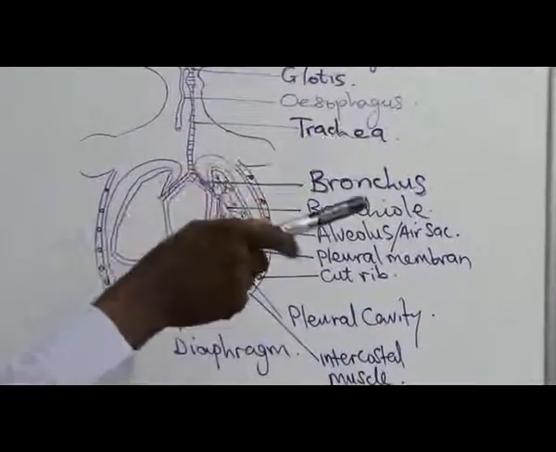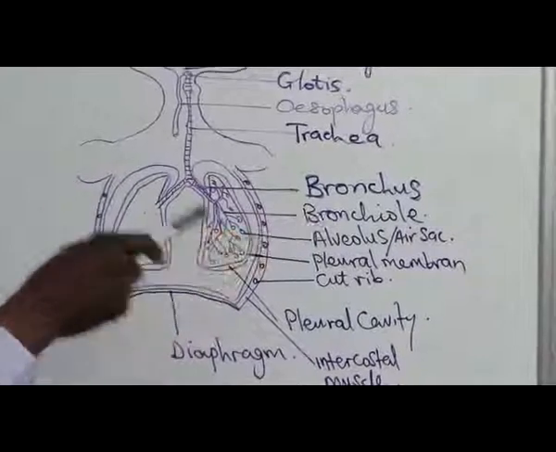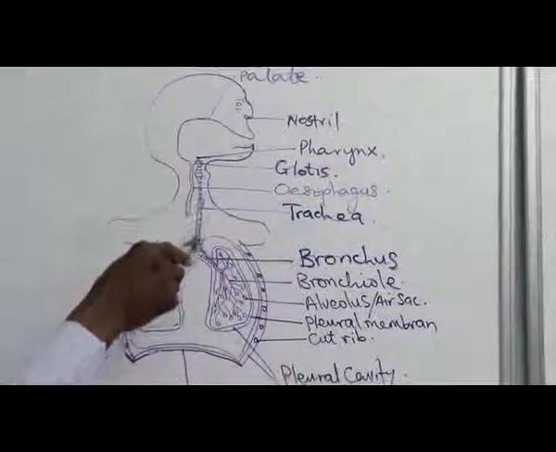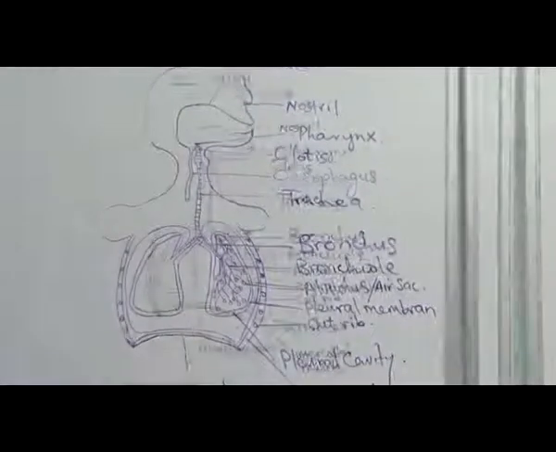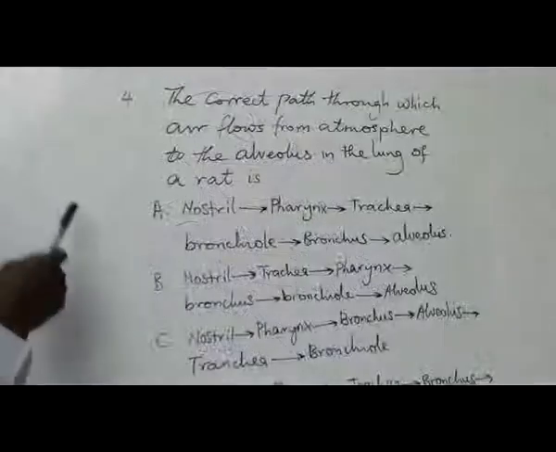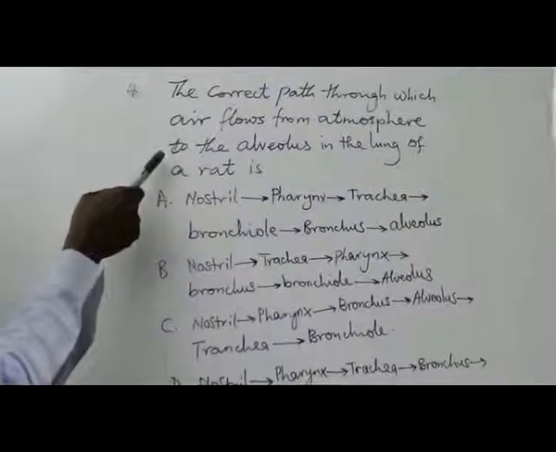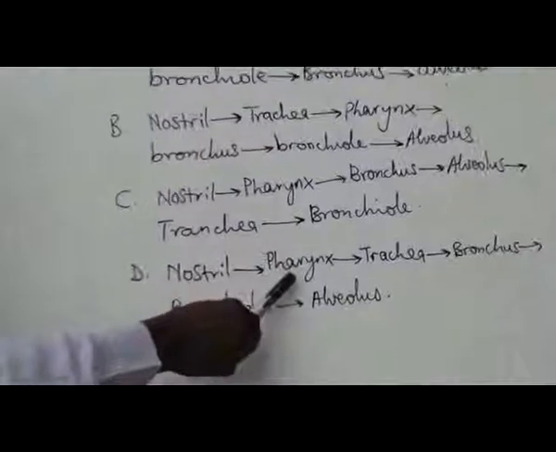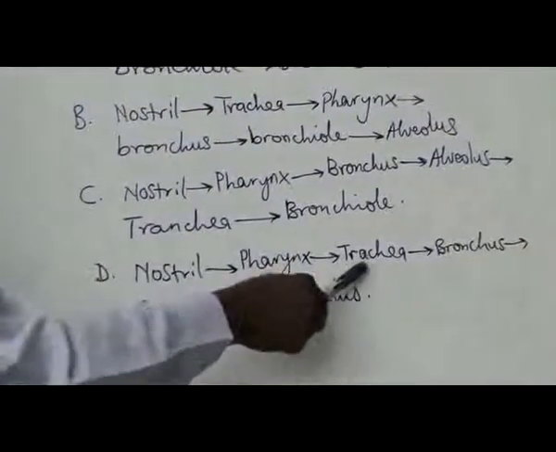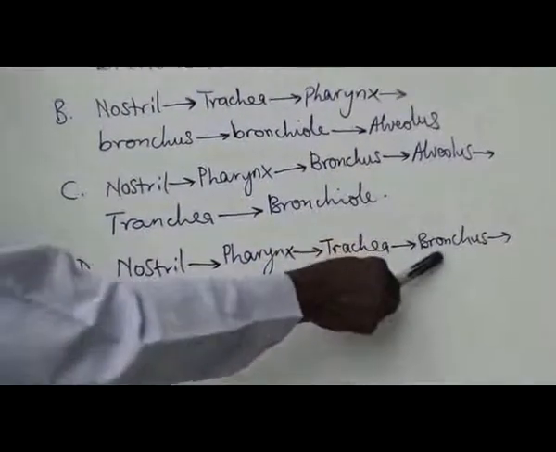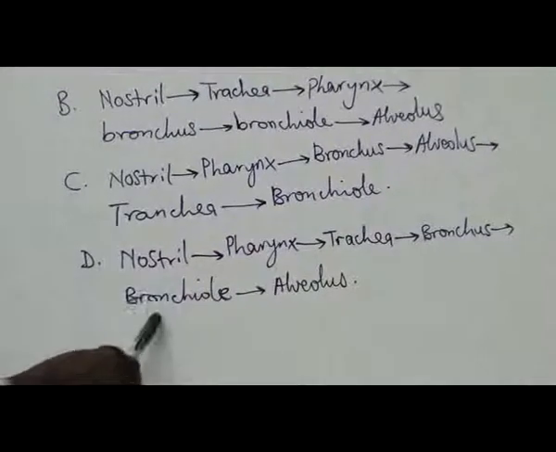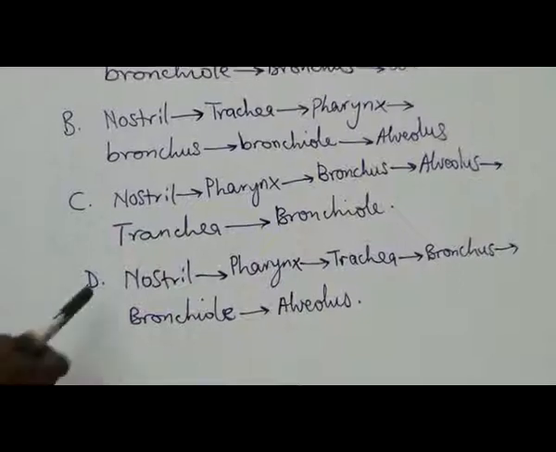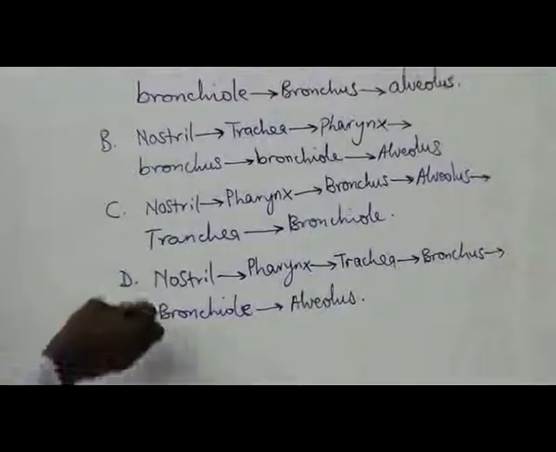So we go to the options and see the one that is correctly arranged as the structure is in the body. The option that answers the question is D, nostril to pharynx, from pharynx to trachea, trachea to bronchus, from the bronchus to bronchioles, and from the bronchiole to alveolus. So D is the answer to this question.